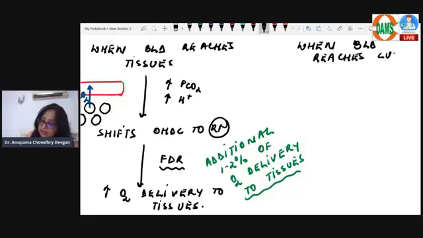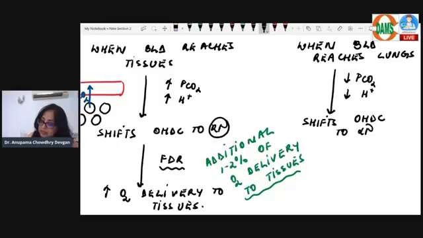When blood reaches the lungs, now the reverse will happen. Now the CO2 will diffuse from the blood into the lungs, isn't it? So there is going to be a decrease in the PCO2 of the blood and a decrease in H+. If there is a decrease in PCO2 and decrease in H+, this shifts the oxygen hemoglobin dissociation curve to the left.